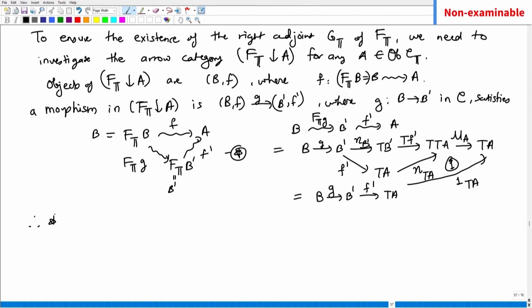Therefore star commutes if and only if I start with this B and then F is from B to TA, then this is G which is to B prime, and this is F prime from B prime to TA. This commutes.